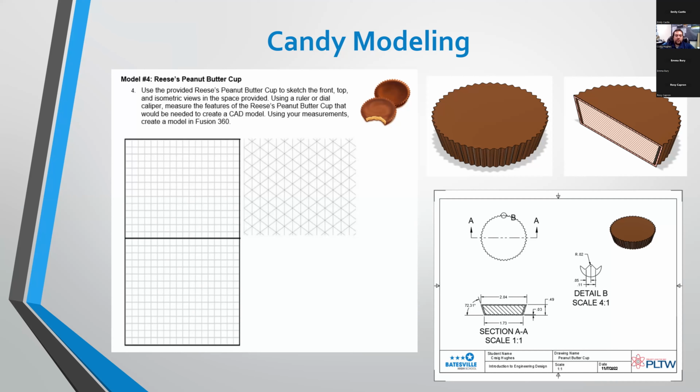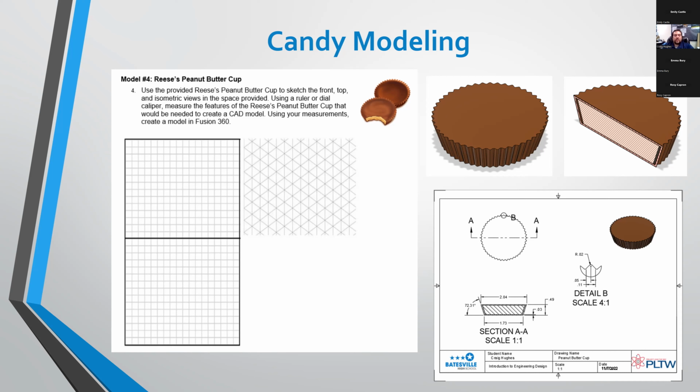In this activity, students really enjoy it because we give them candy, and they have to measure, and then sketch orthographic views or multi-views of the candy, and an isometric view as well. And then they have to model it. After they've taken the measurements, they're learning a lot of the different commands.